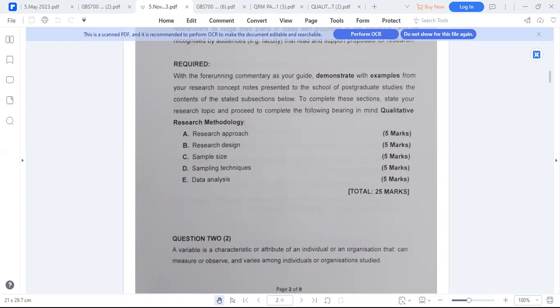To start with, you've already been told the approach that you're using here is qualitative, so you cannot mismatch. I think what's confusing here is that we are saying research approach, yet we only have three types of approaches. So are we supposed to repeat the same word, qualitative, and put it under research approach?